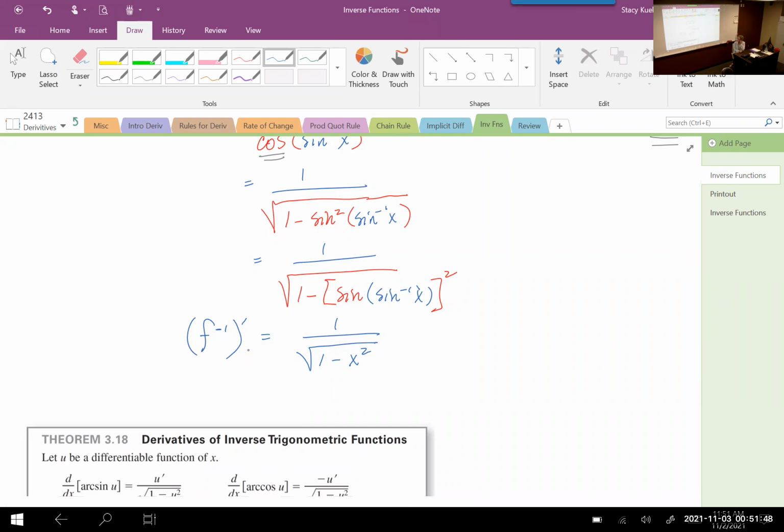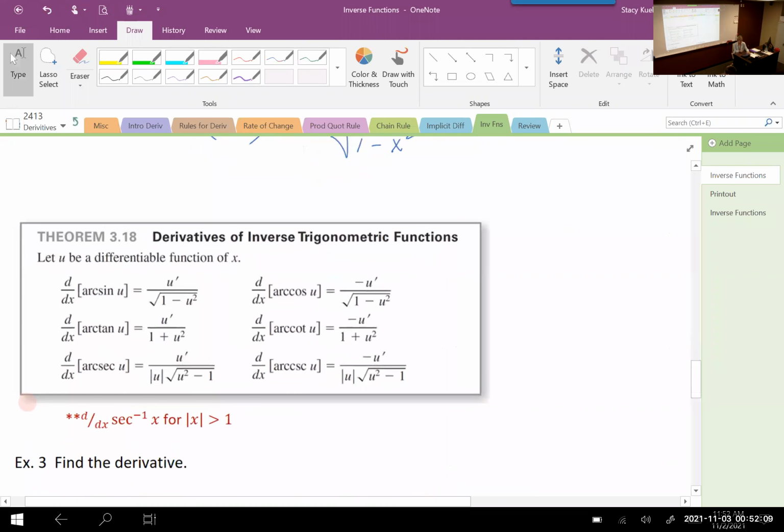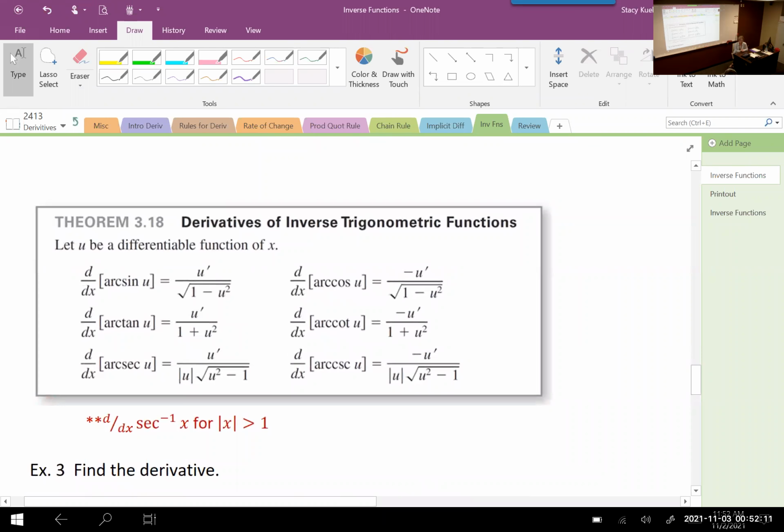So what you're going to see when we look at all of these inverse trig functions, notice that the derivative of its inverse no longer has any trig in it, does it? It's just got algebra stuff in it, x's and ones and square roots and stuff like that. All right. So what you have here then are all 6 trig function inverses, the derivative of their inverses.